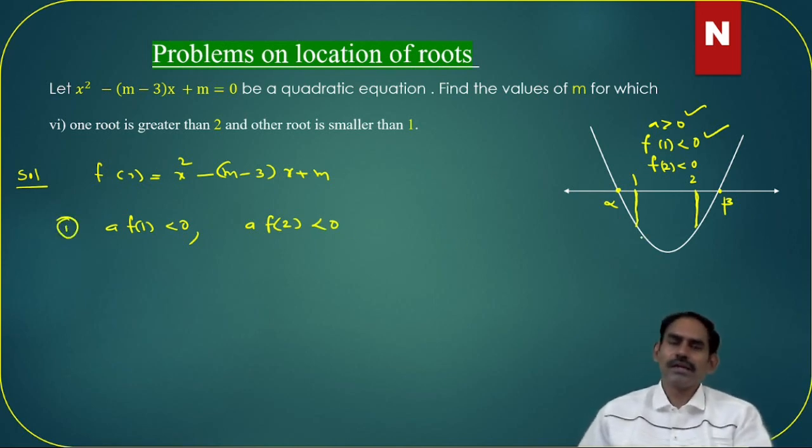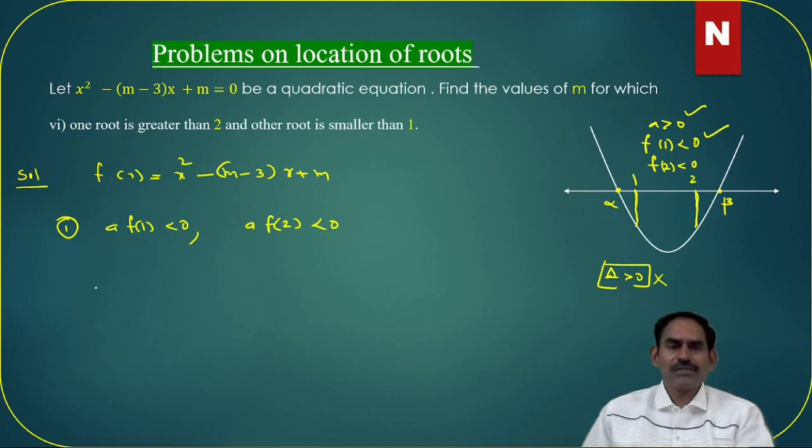Here we need not take discriminant greater than 0, because when a is positive, a into f of 1 is negative means these two are opposite signs, so the graph exactly meets the x-axis. Therefore, the roots are distinct. That's why this condition gives roots are distinct, and we need not take discriminant greater than 0 once again.